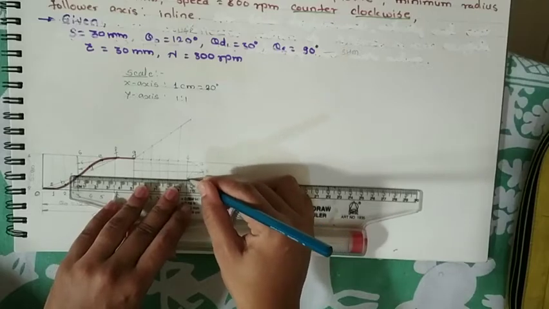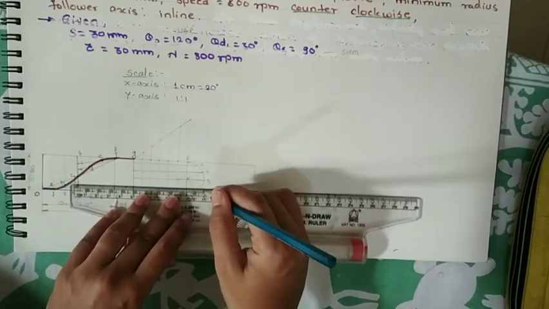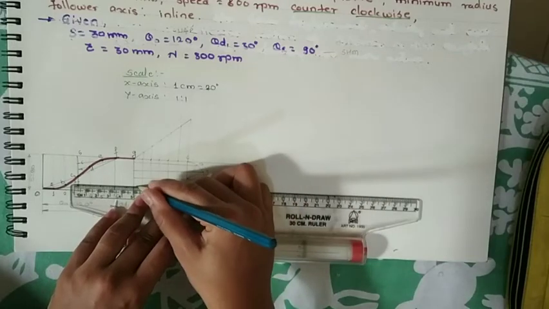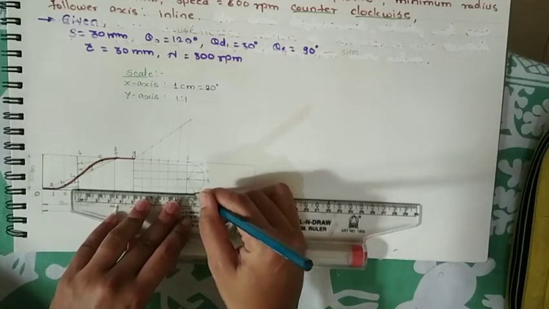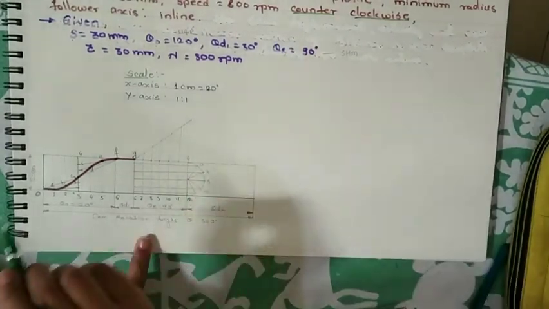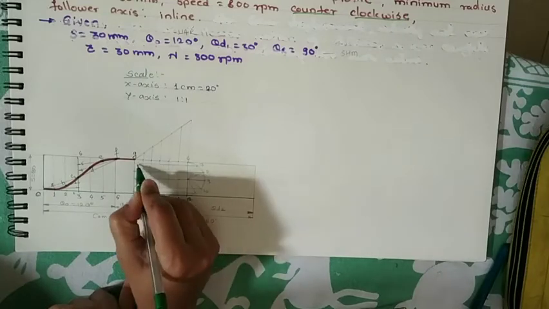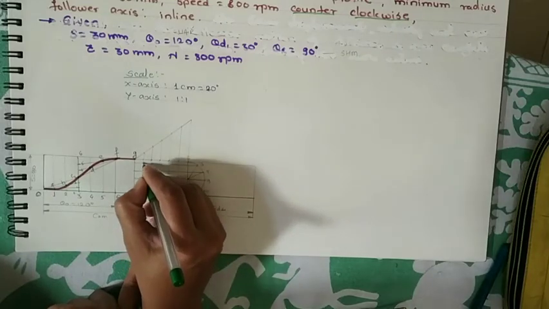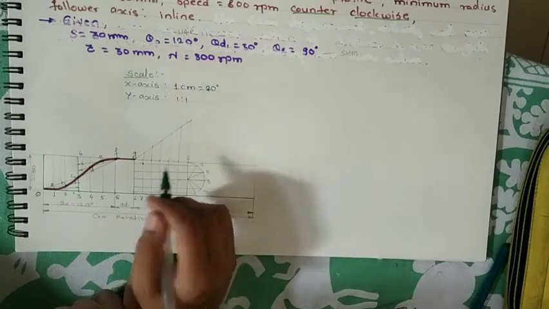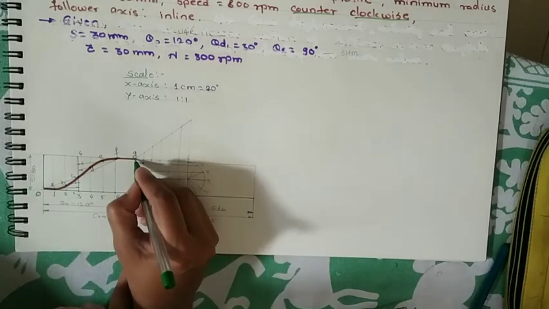So just draw a horizontal line in the proper way through our divisions, through the stroke length, and after that, where the 7 horizontal line and 7 vertical line cut, mark that point. Firstly, let's start from the 6. So here we have the 6 point and here is the 6 vertical line.